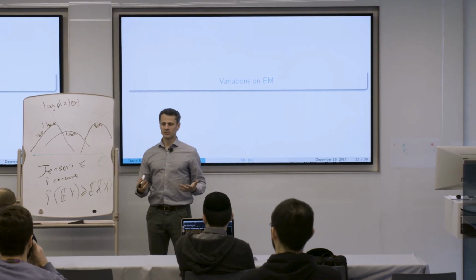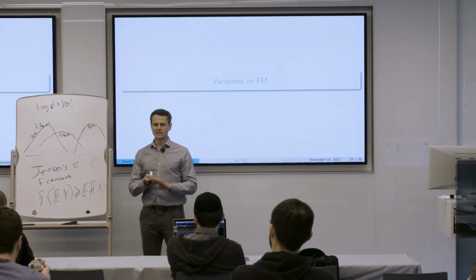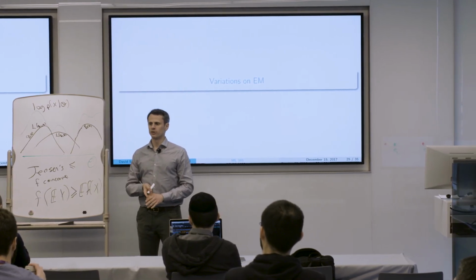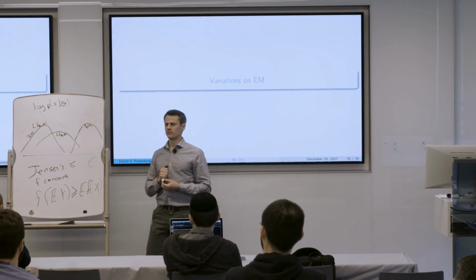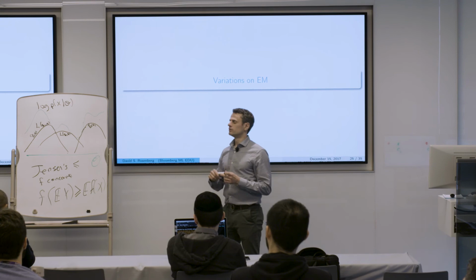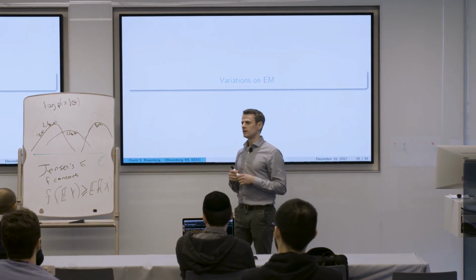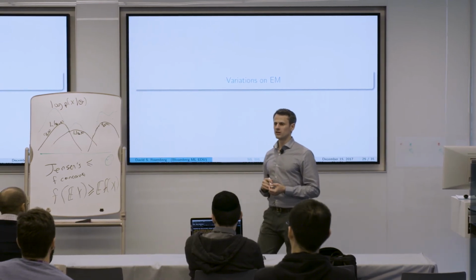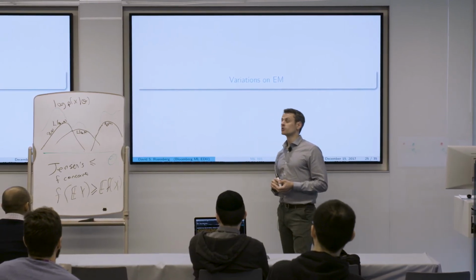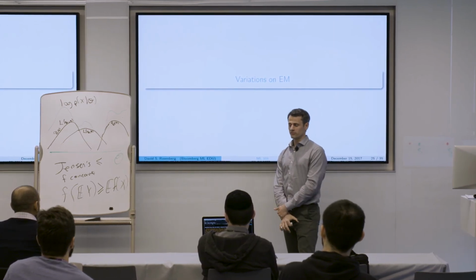I want to do maximum likelihood. I can't find a closed form solution. Gradient descent reportedly doesn't work very well. This is another approach. We find these lower bounds, the ELBO in the way described, and we optimize the lower bound. And by the theorem, that gives us a good chance of finding not necessarily the maximum likelihood, but a good proxy for the maximum likelihood.